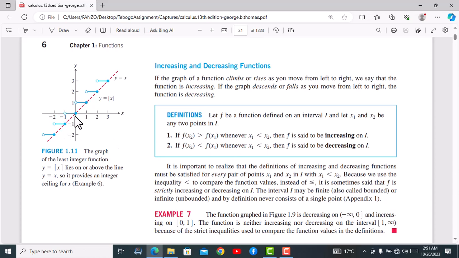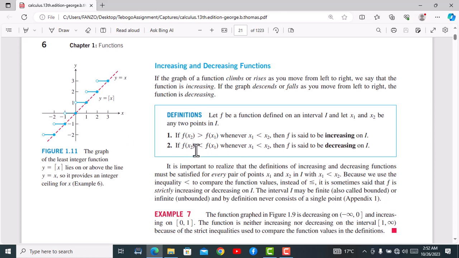Now, a decrease. Let's look at the decrease here. When x is minus 1, look what is happening here. When x is minus 1, y is minus 1. When x is minus 2, y is minus 2. And I can see that x1 is bigger than x2. Very important.